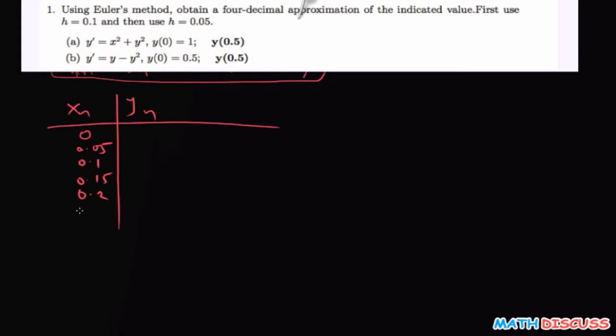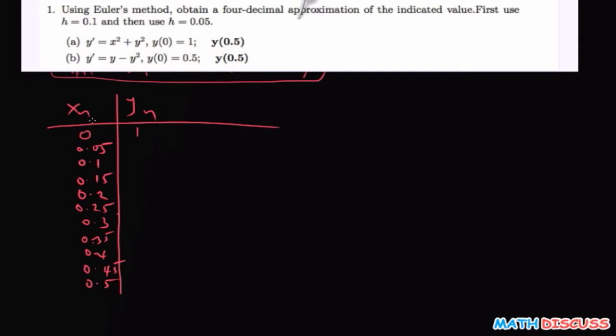So we go to 0.25, 0.3, 0.35, 0.4, 0.45, 0.5. So that's what we'll do, and then we are told that the y value at 0 is 1.